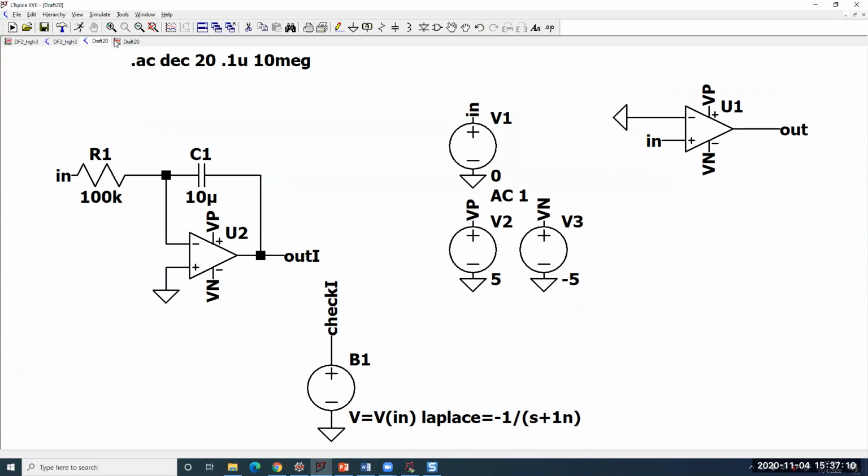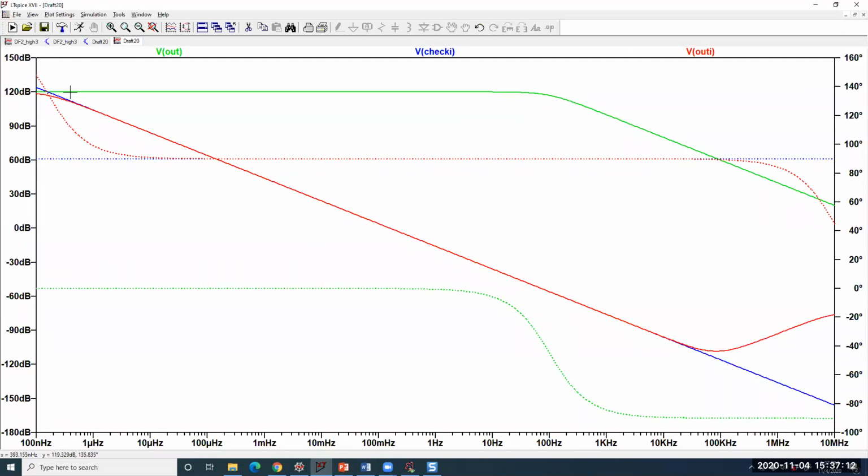Now let's do the op amp. And you can see, yeah, it's starting to roll off. It's not working, right? And at high frequencies, it's deviating. All right. And I would have to show you a lot of math as to why it's doing this odd thing.